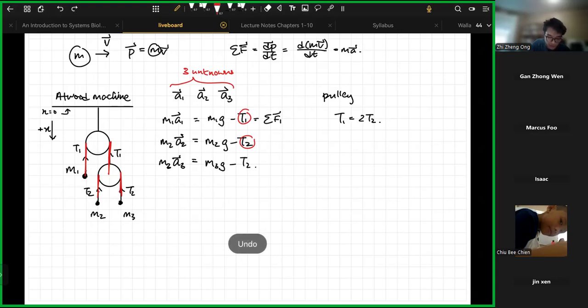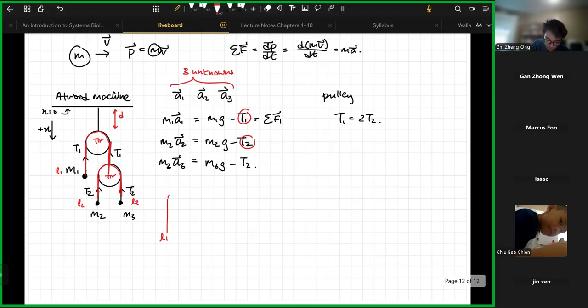Suppose I call this D, and this L1, and this should be L2, L3, and then there's pi R, pi R, the circumference.